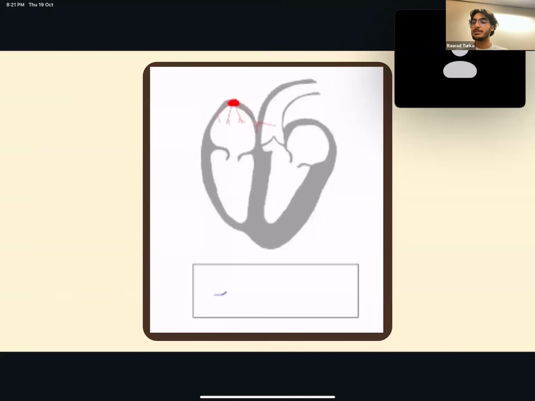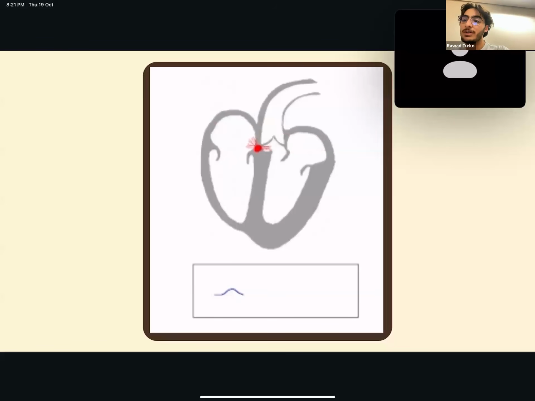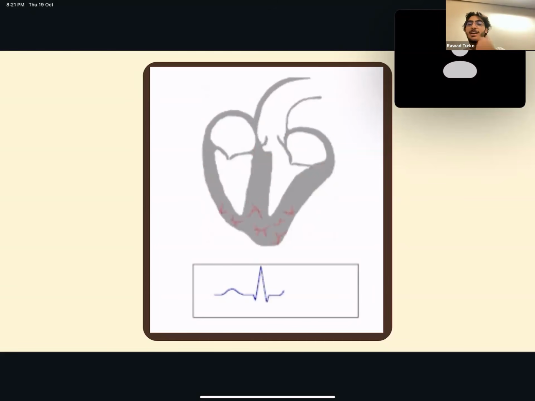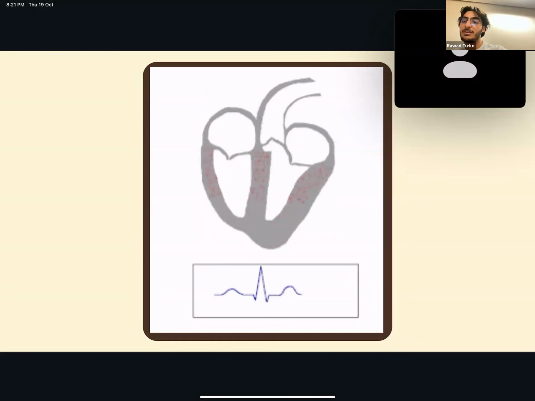So this is the final look at the heart. Wait, let me go back. You see the P wave, that's atrial contraction, then the AV node holds onto it. Then it's moving down the interventricular septum, depolarizing it, then depolarizing the walls of the ventricles. I'm speaking too slow, by the way. And then it repolarizes. Do you see that repolarization?